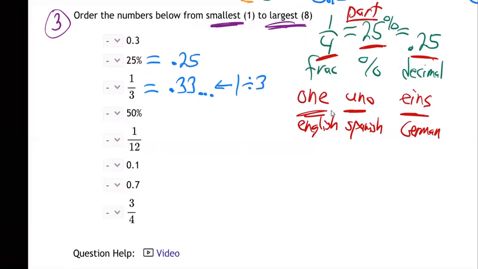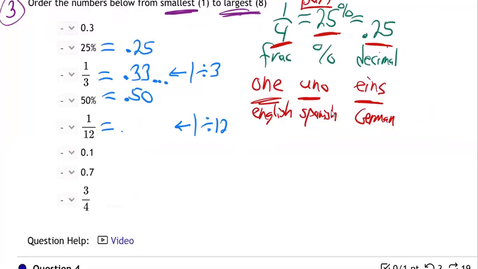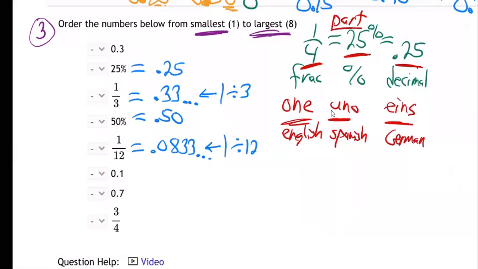It goes forever, but 2 digits is good enough, and 50% is 0.50. 1/12, I don't know, just divide it on your calculator. I'll do mine right now too, so I don't know that one. 0.08, and then 3 is forever, but that's good enough. For us it's 0.08 really.